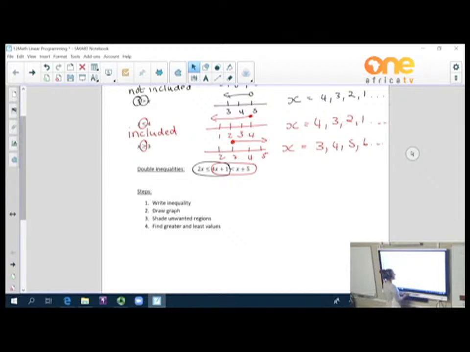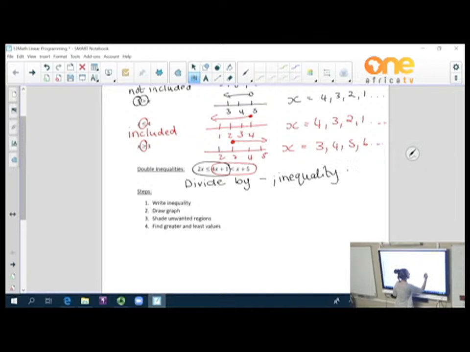Then, another thing that is also important to remember with double or with any inequality, if you divide by a negative, your inequality will swap.